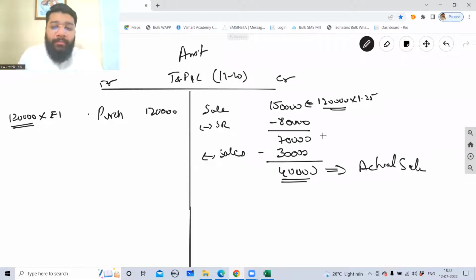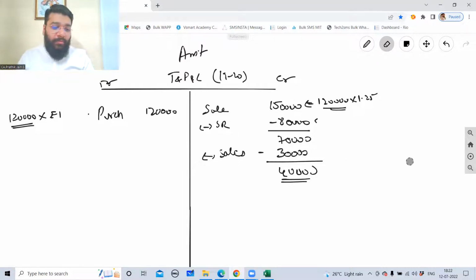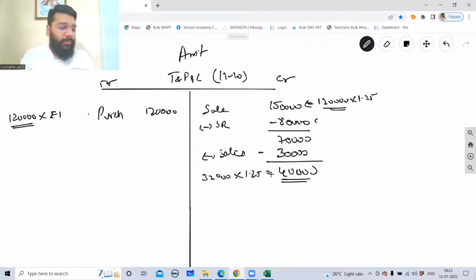But eventually what happened? We had sales return, so the quantities kept on decreasing. 40,000 divided by 1.25 means 32,000 chocolates. 32,000 chocolates at 1.25 is 40,000.